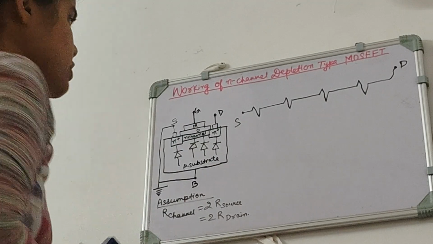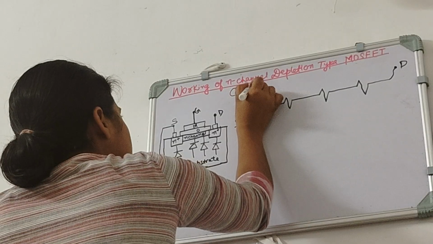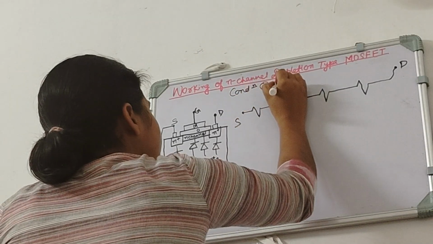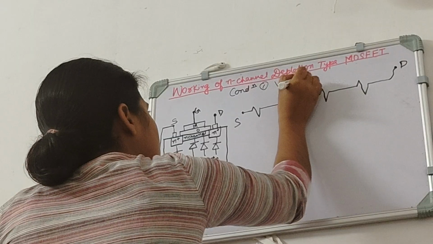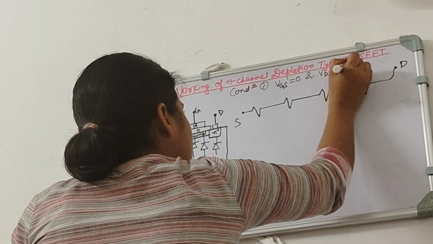First let us see what condition 1 is. So condition 1 is that VGS equals 0 and VDS is positive.